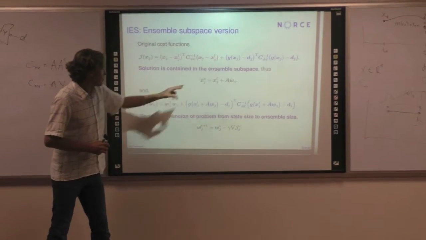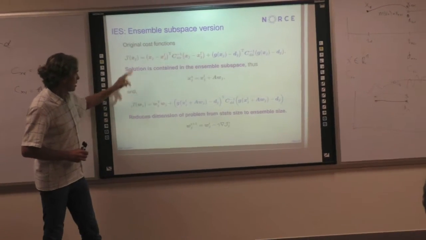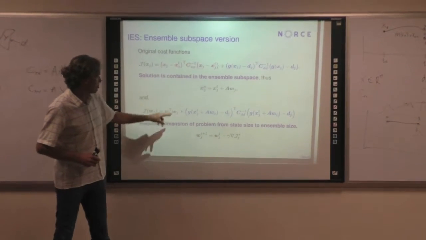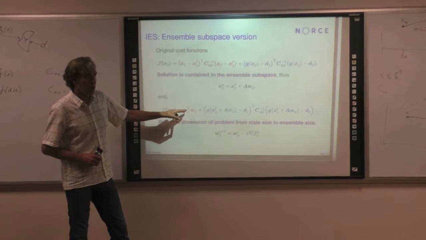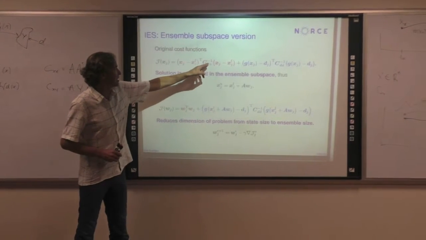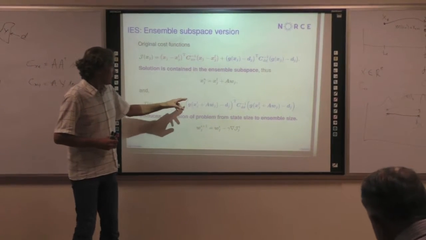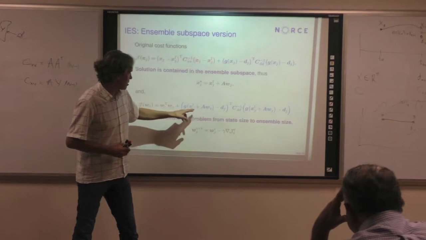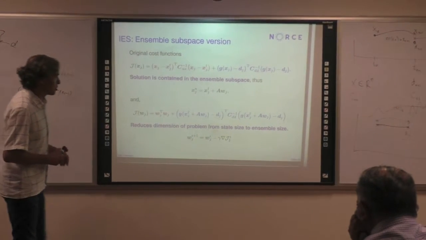So I will put this one in here for X. And then this first term becomes really simple. It's just W transpose times W. So CXX is gone. It's out of the equation. And here I just put this straight in for G, so it didn't change much.